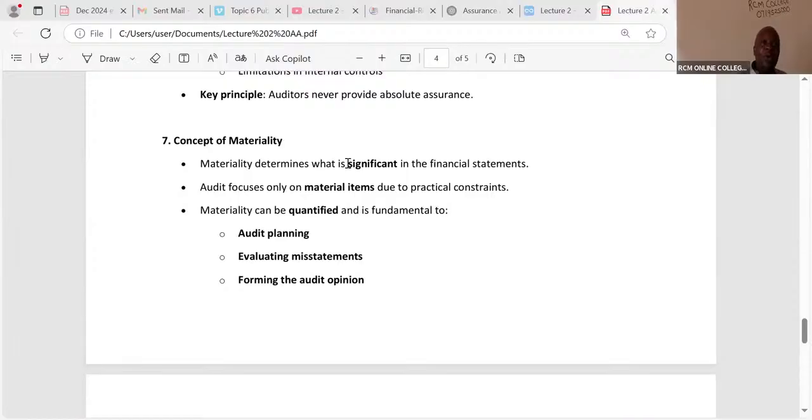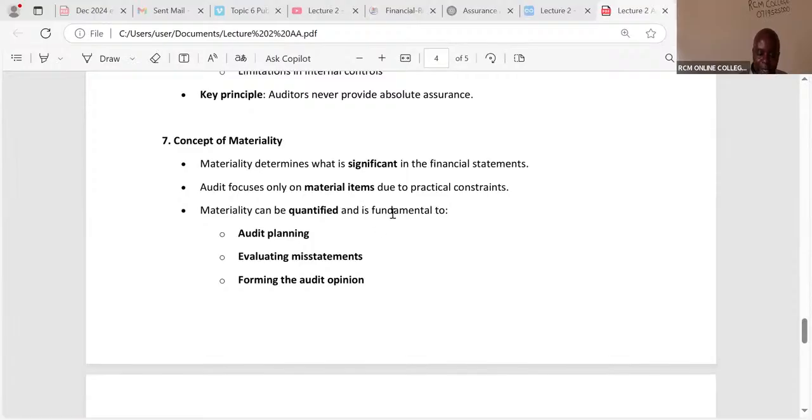Something is called material if it is significant, if it is able to influence decisions made by the shareholders and everybody. If a figure is very, very small, we'll say that is immaterial. Audit normally focuses only on material items due to practical constraints.